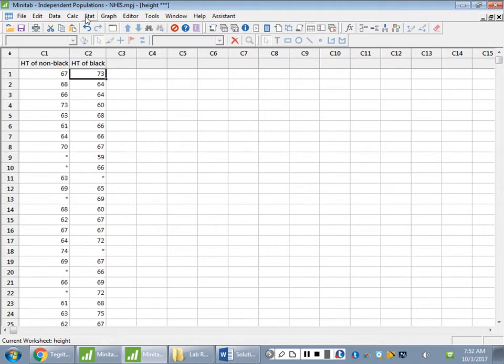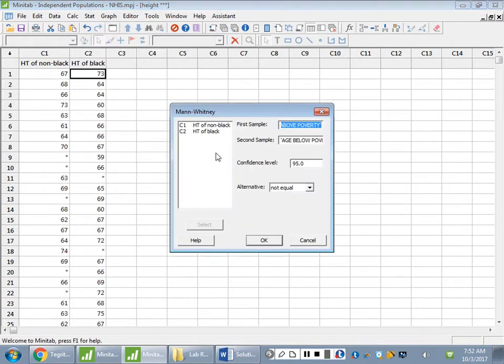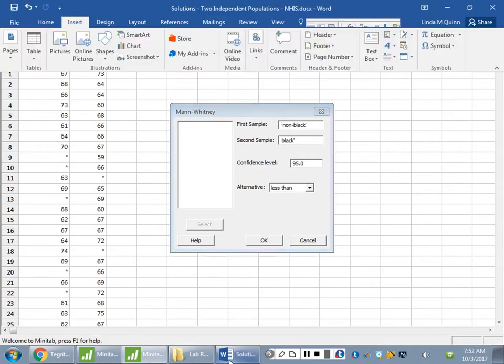So now I'm going to do my statistics. So stat, non-parametrics, Mann-Whitney. I want to make sure I pick them in the right order, non-black and black. I am doing a hypothesis test, and I know that I want the sign to be less than, and I will say OK. You know what? Before I do that, let's look at that graph again.